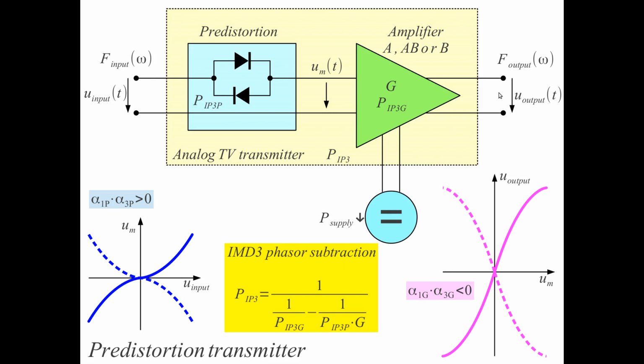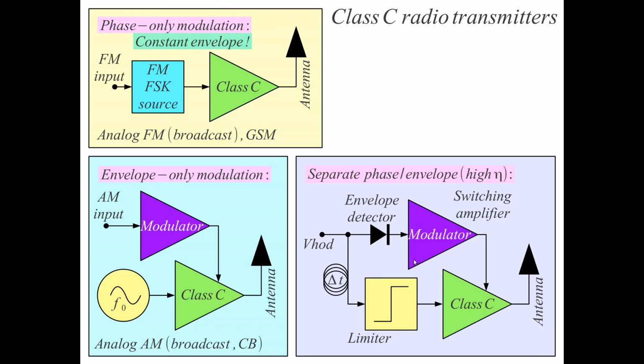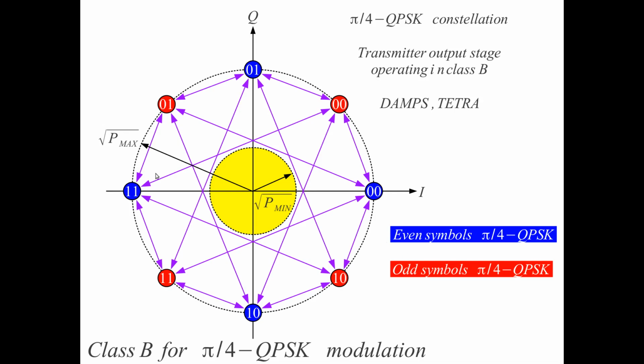So we could not use a fixed predistortion in a handheld radio, because in a handheld radio the impedance is changing, and of course also the requirements for predistortion are changing all of the time when the user is moving, holding this radio in his hands. So for handheld radio, a much better solution would be to design our modulation to avoid this dangerous region of high distortion of a Class B amplifier.